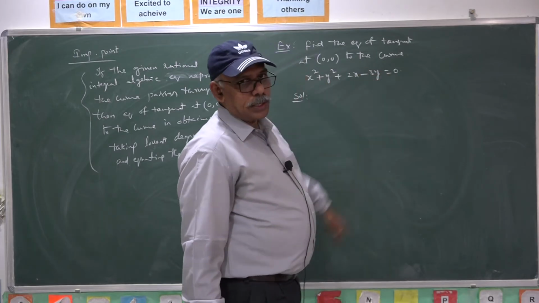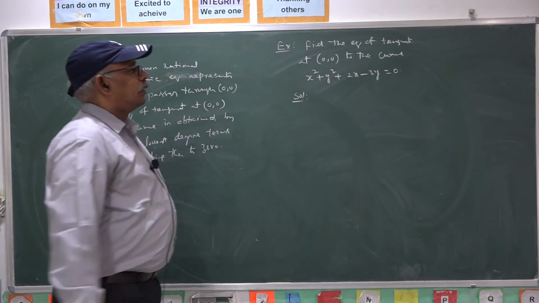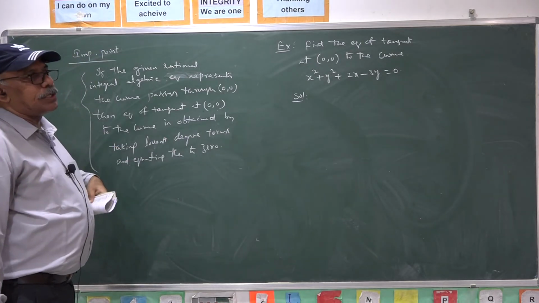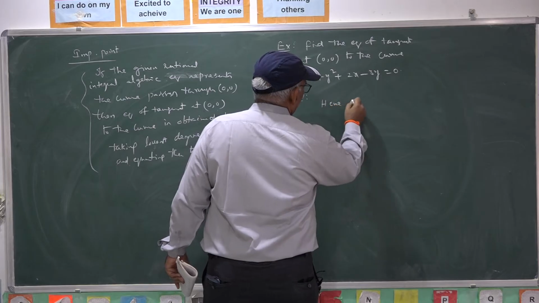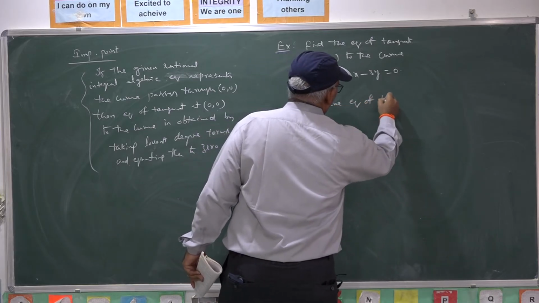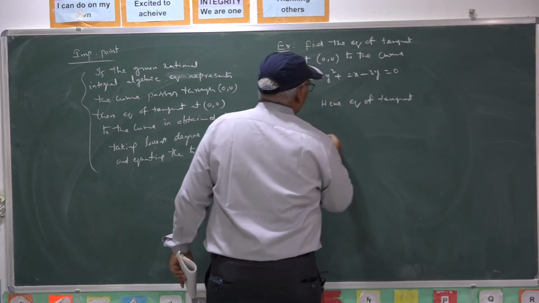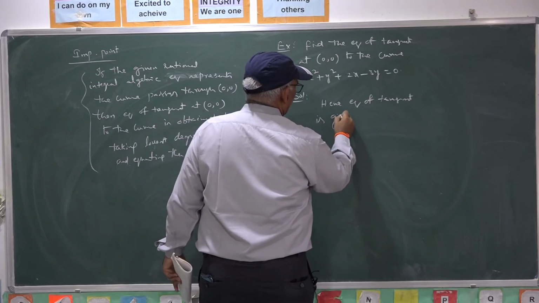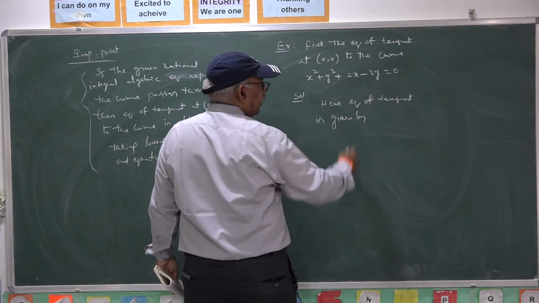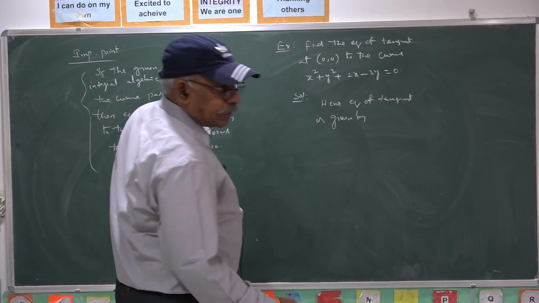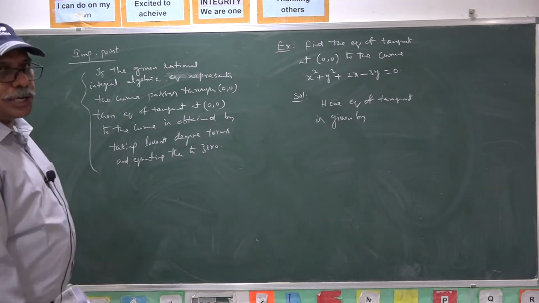No constant in the equation. In such a case, the equation of tangent at origin can be written straight away by leaving higher degree terms and taking into consideration the least degree terms.